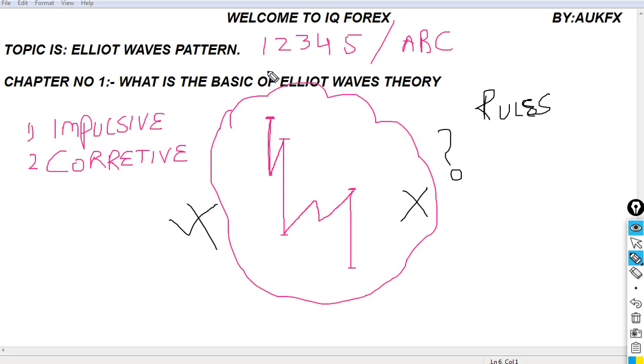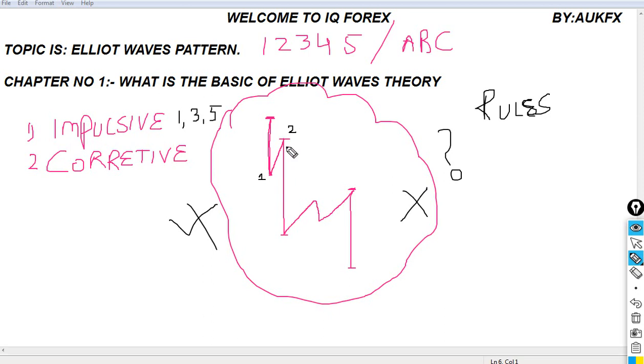According to Elliott wave pattern theory, the impulsive waves basically depend on wave number 1. We can name it wave number 3 and we can name it wave number 5. Because according to this theory, if this wave is your number 1 wave, the correction wave will be your second number. So we name the correction part as 2.